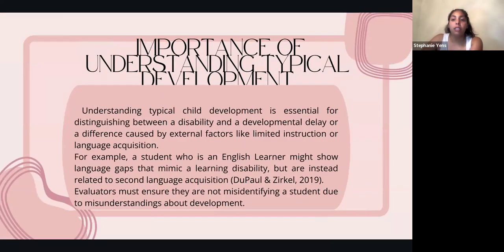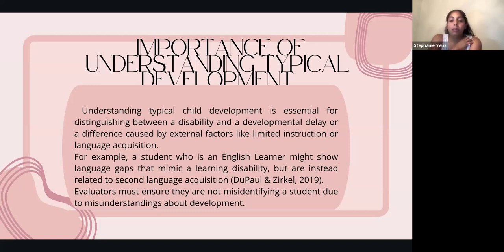The importance of understanding typical development. The general education teacher needs to be able to understand and distinguish between a disability and a developmental delay or a difference caused by external factors like limited instruction or language acquisition. So one of the examples that I saw was that an English language learner might show language gaps that mimic a learning disability, but are instead related to second language acquisition.